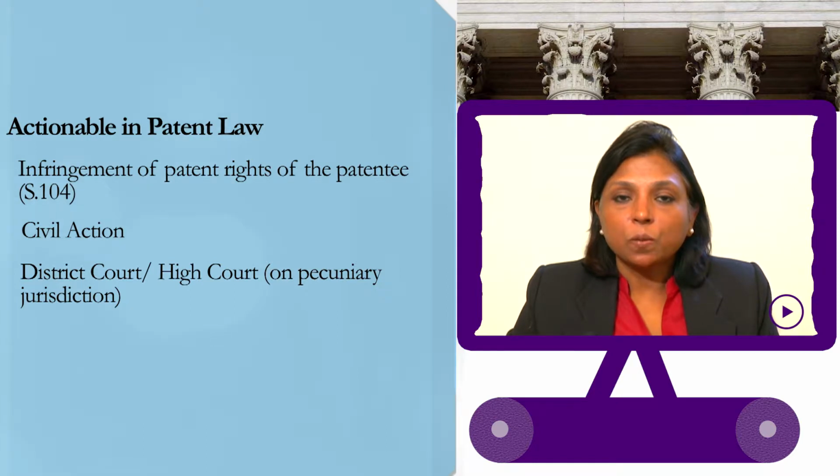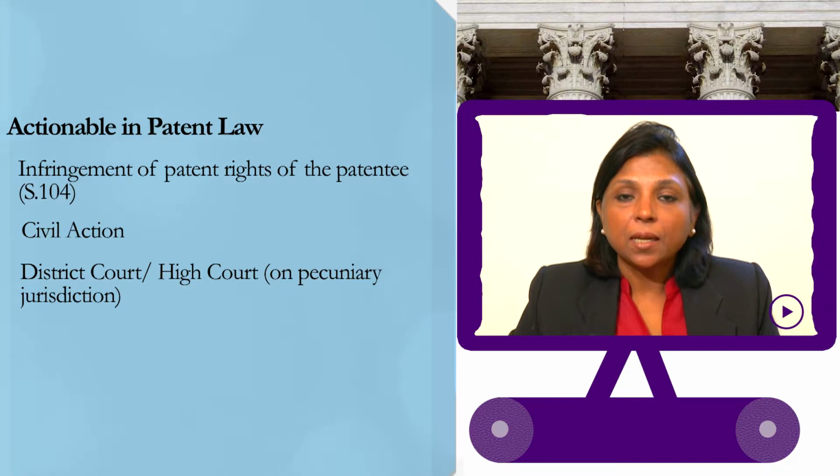So, one assumes that if the pecuniary jurisdiction for a given state, in which the territorial jurisdiction lies, is below the mandated amount as per the state rules, then it will lie in the district court. The proviso to Section 104 is very interesting.